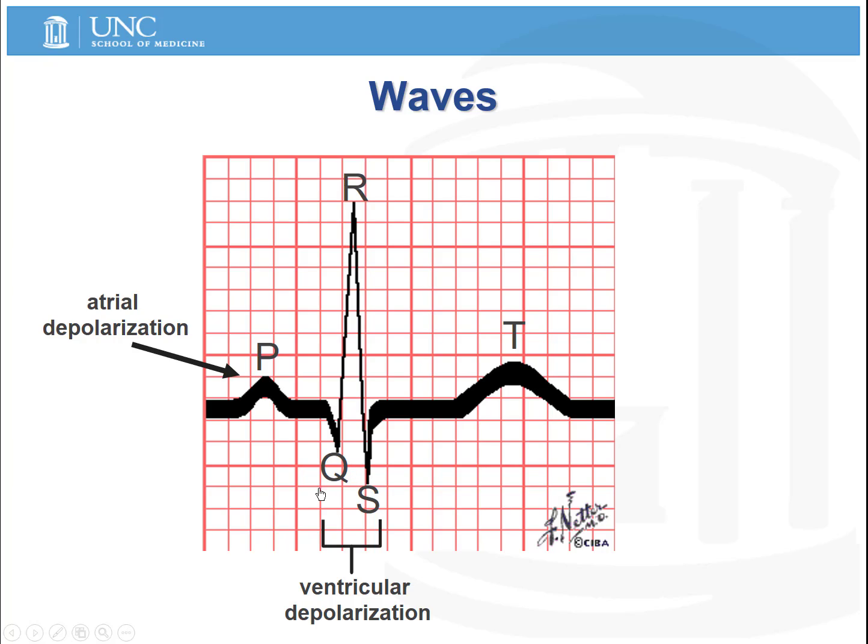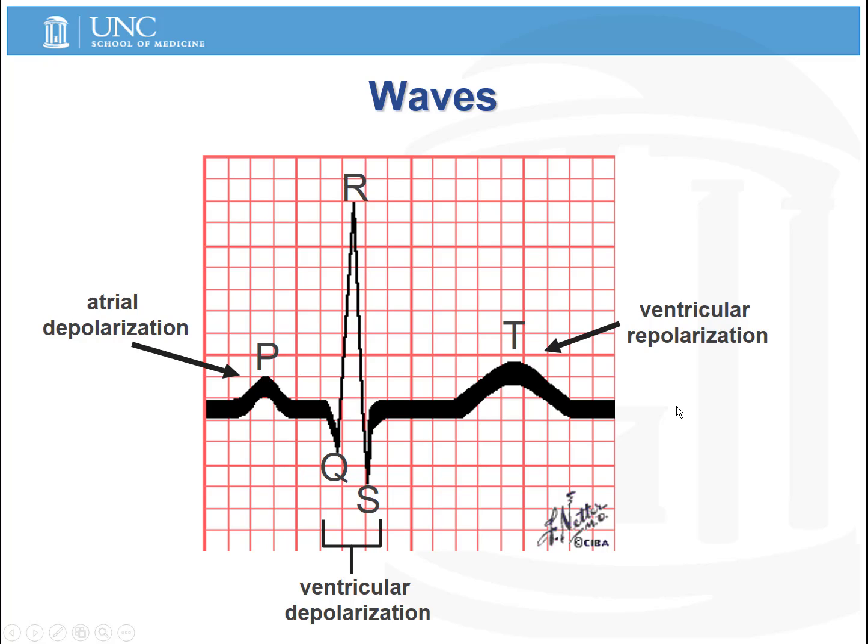So together, this QRS complex represents depolarization of those ventricles, and even though the ventricles are relatively large, they depolarize rather quickly, and that's because of the fast conduction velocity of the His-Purkinje system.